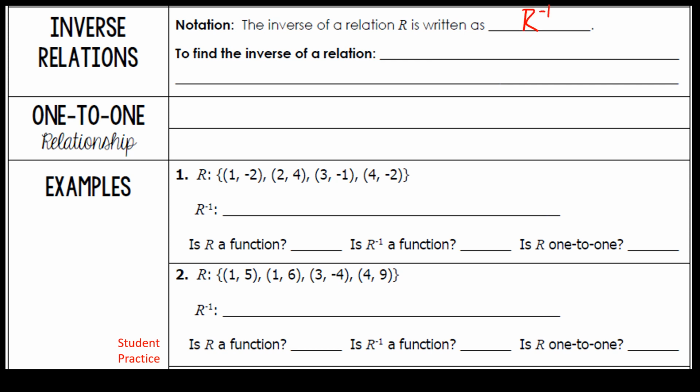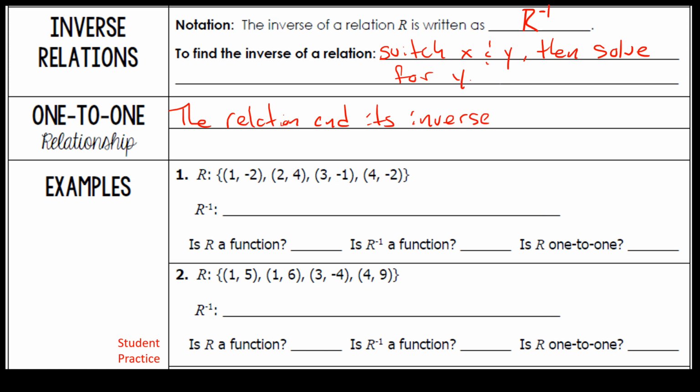Okay, to find the inverse of a relation, we switch x and y, and then solve for y. Okay, in order for something to be considered one-to-one, the relation and its inverse are functions.